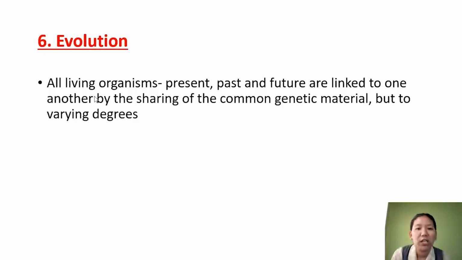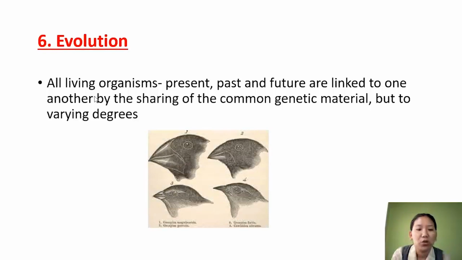Here, let us look at a species of bird, Darwin finches. These are all birds, and they share a common genetic material. But if you observe carefully, you find a variation. The distinct variation you can find is the structure of the beak, and of course the body size.